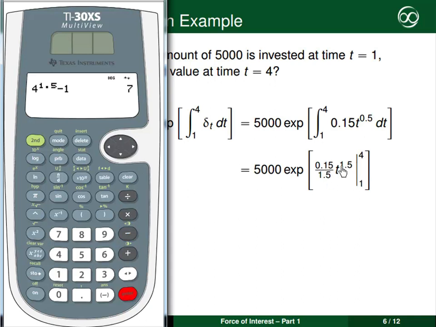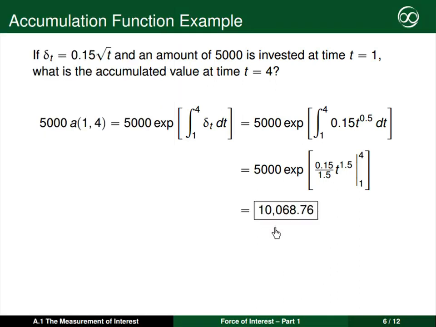Okay, so that's basically everything inside, or my t to the 1.5 evaluated from the bounds is 7. And so I want 5,000 times e to the 0.15 divided by 1.5 times 7, which is $10,069. And we'll write that down right there, and we'll put a box around it because that is the answer.